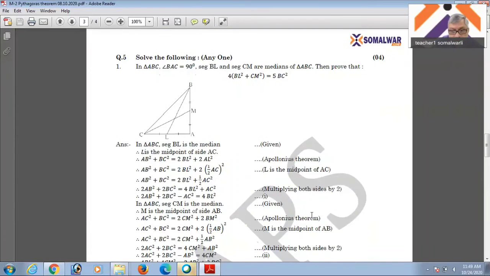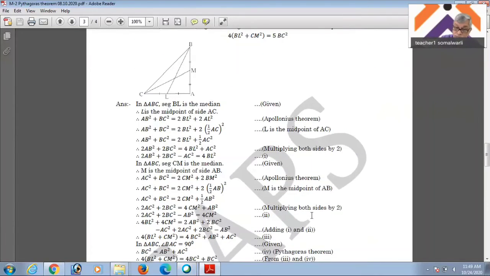In triangle ABC, BL is the median. So applying the Apollonius principle, what we will get is AB square plus BC square is equal to 2BL square plus 2AL square. AL can be written as half of CA, so we have replaced AL with half of AC.